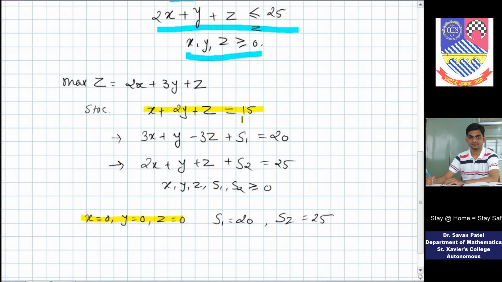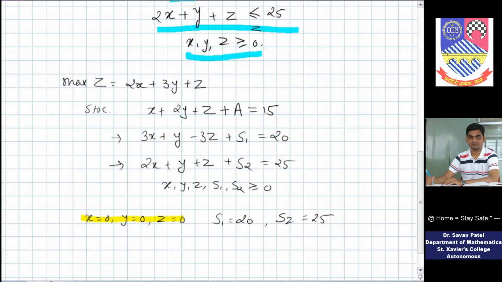So instead of directly equals to 15, let's introduce one artificial variable: a is equal to 15.